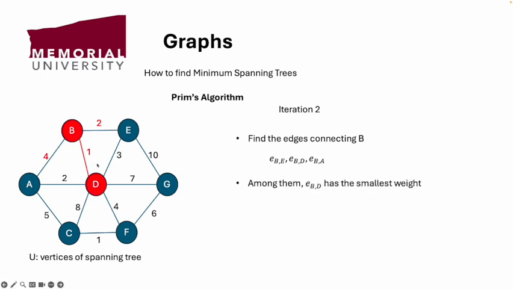BD, because it's 1. BE is 2, BA is 4. So BD is smallest, so we add D into the set. So now the set is B and D.